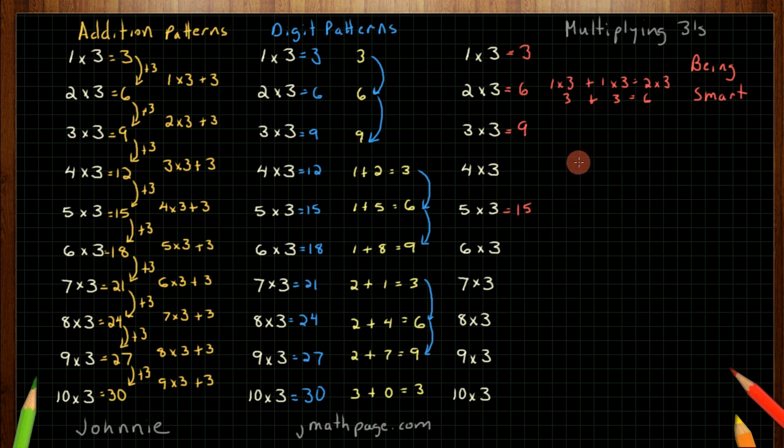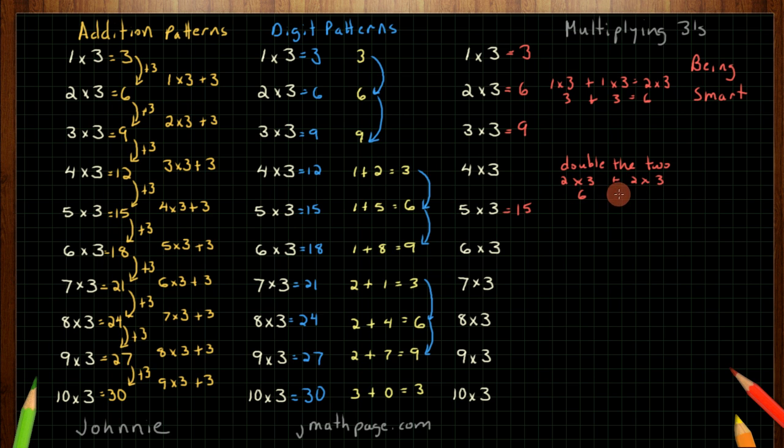But let's look here. The next one that's pretty easy is 4 times 3. Okay, 4 times 3, we could say 3 plus 3 plus 3 plus 3, but we could also say 4 is double 2. So in this one, we'll just double the 2. So we say 2 times 3 equals 6. Okay, so we could say 2 times 3 plus 2 times 3.